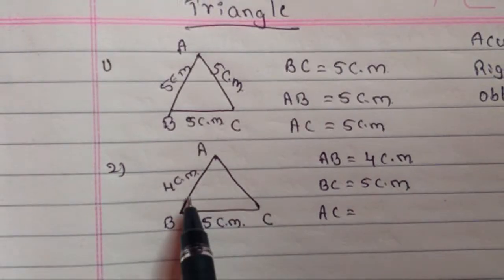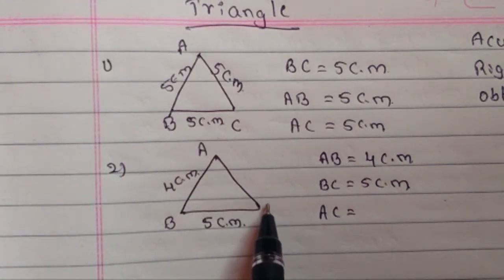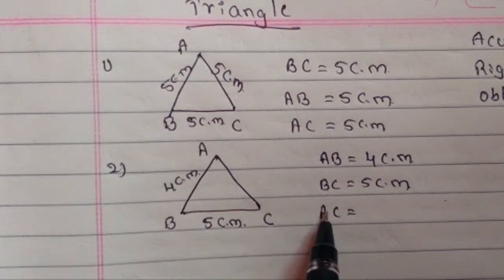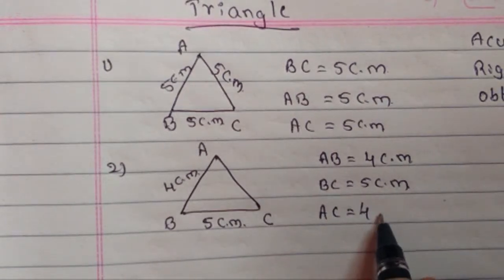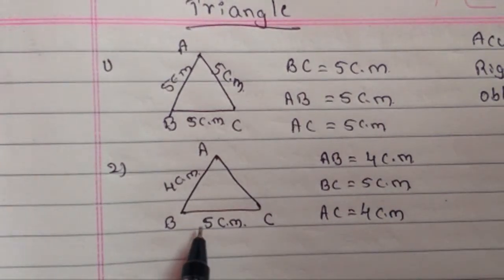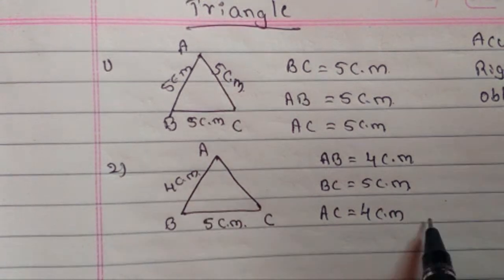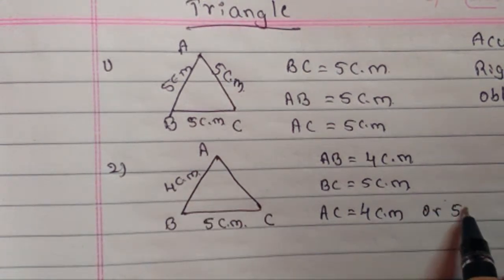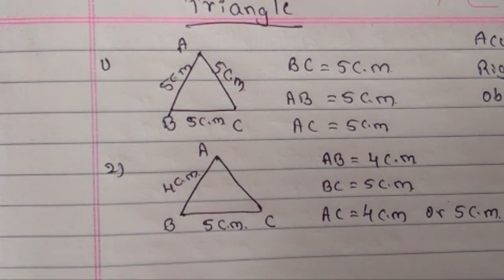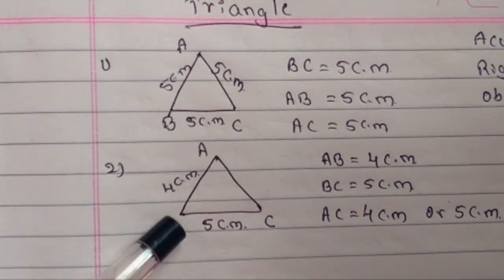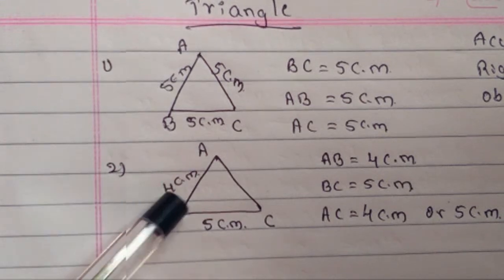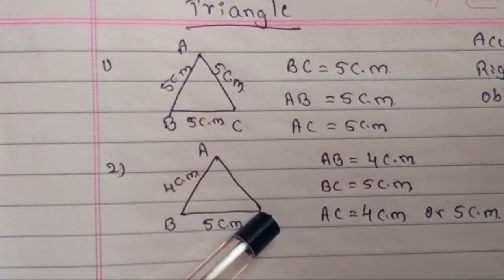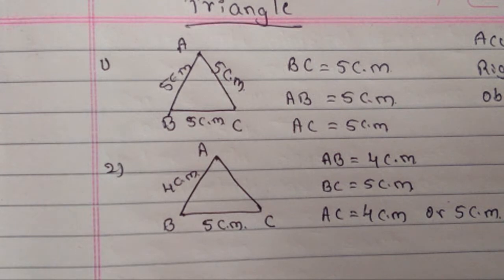so I can consider AB equals AC. In that case, the AC value becomes 4 centimeters. Or I can consider BC equals AC. In that case, AC equals 5 centimeters. If I consider AB equals AC, I am taking BC as the different side.